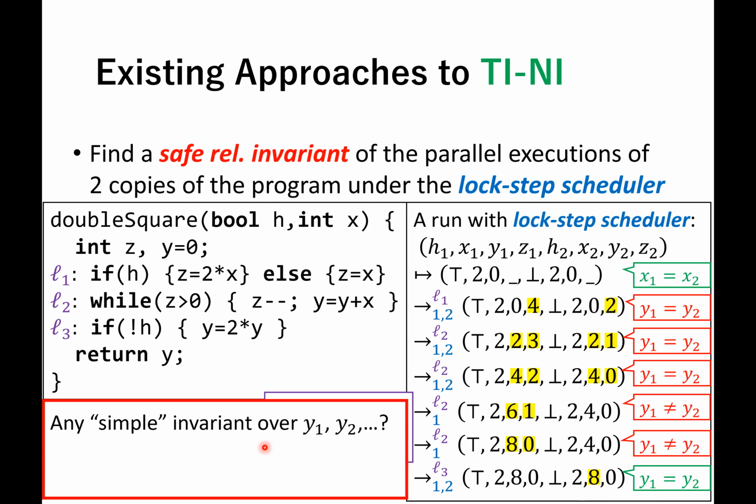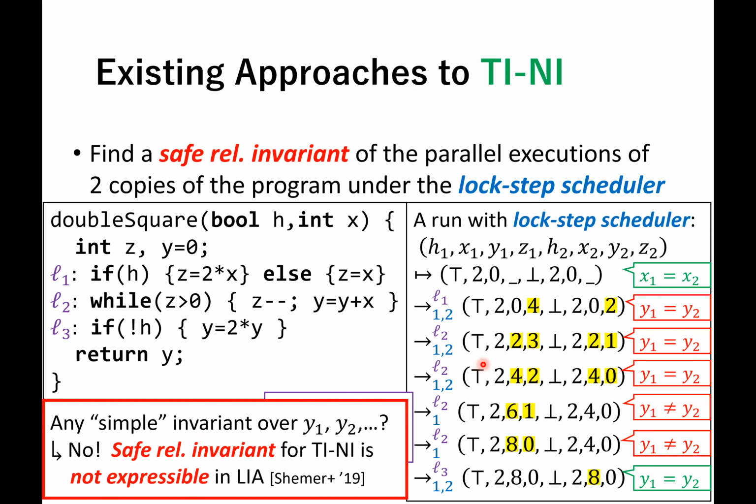A question here is: is there any simple invariant over y values which witnesses the property? Actually, this paper answered no. In other words, a safe relational invariant for this property under the lockstep scheduler is not expressible in linear integer arithmetic.